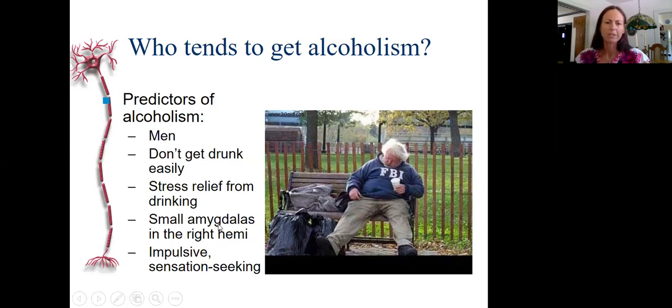There are also some physiological correlates in the brain. People with small amygdalas, and we'll talk about the amygdala. It's an area having to do with emotion, especially in the right hemisphere. And people who are very impulsive or sensation-seeking, who take a lot of risks, are more likely to become alcoholic.